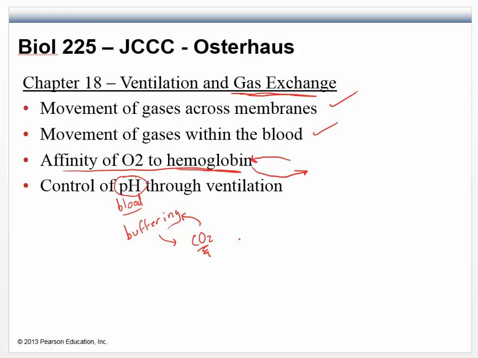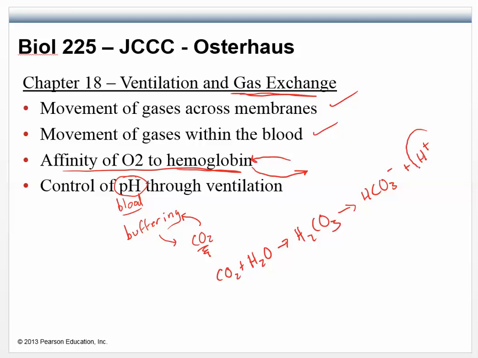It's a very important concept, and there's this equation that we're going to use. CO2 plus H2O goes to H2CO3, because these will all add up, 3 oxygens, and then that can be broken up into HCO3 minus plus hydrogen.